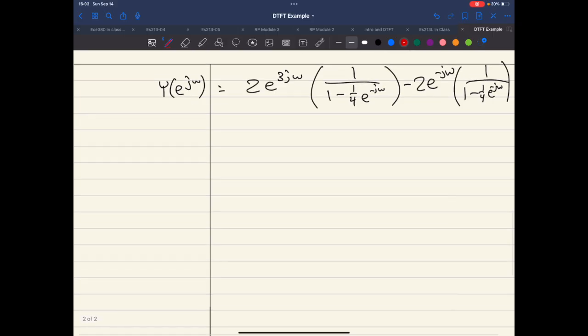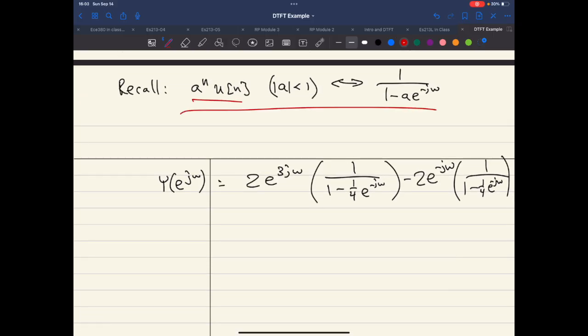All right, so using this identity, we can now convert this back to the time domain. And what we end up with is the following.